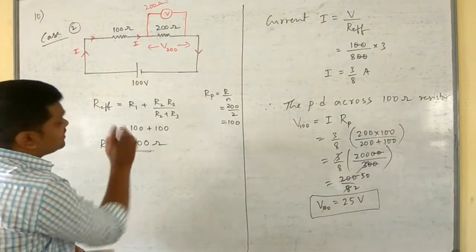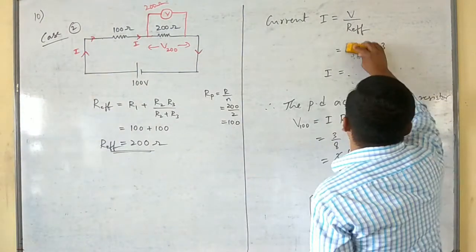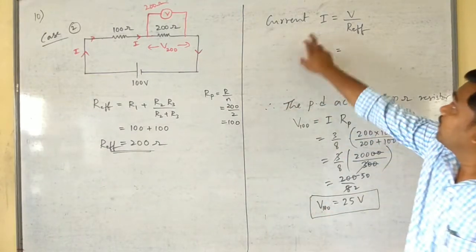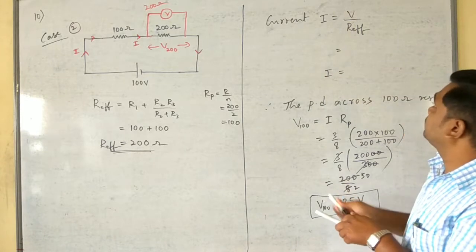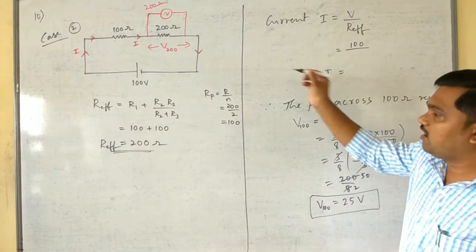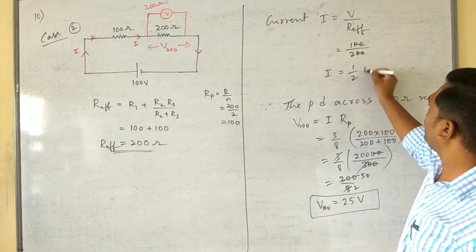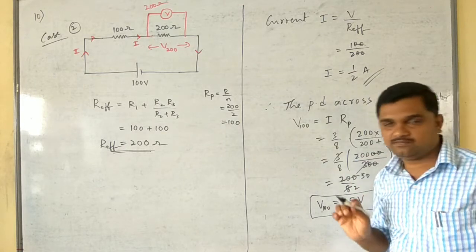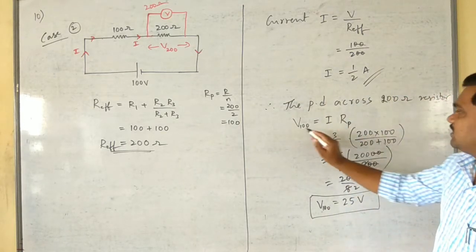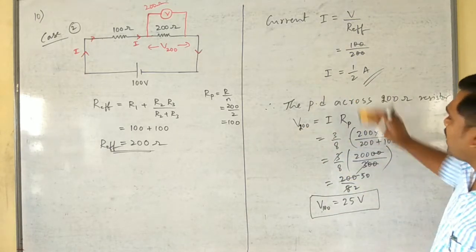Next, using this R effective, let us calculate the current. Current I is given by V divided by R effective. V is 100, R effective is 200. Therefore, this is 1 by 2 ampere. Next, the PD across 200 ohm resistor, that is V200, is equal to I into RP.